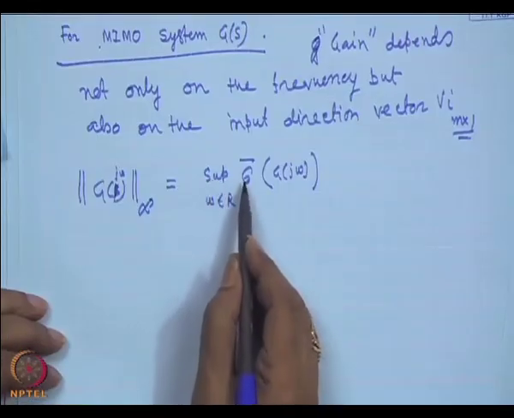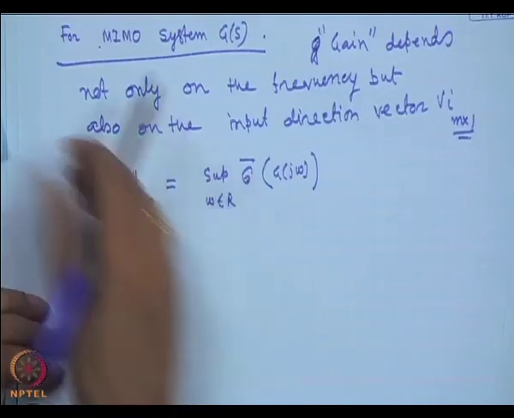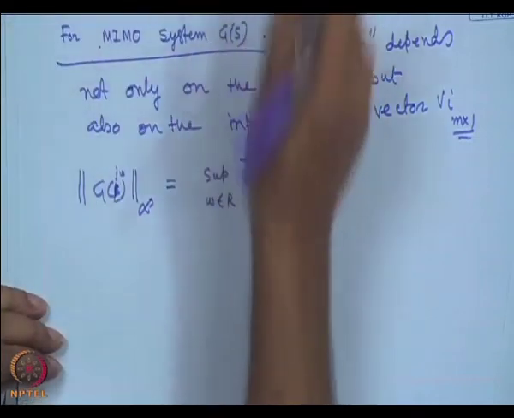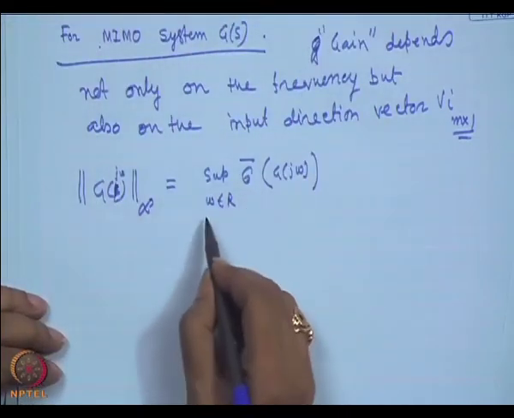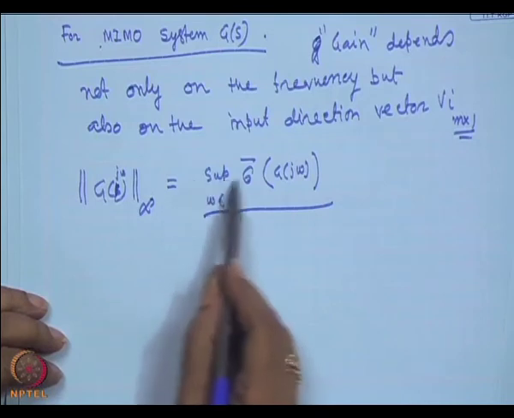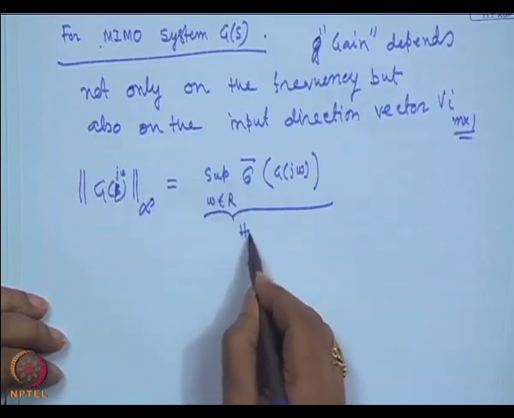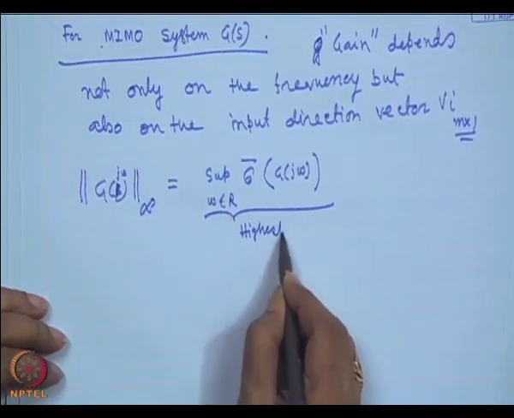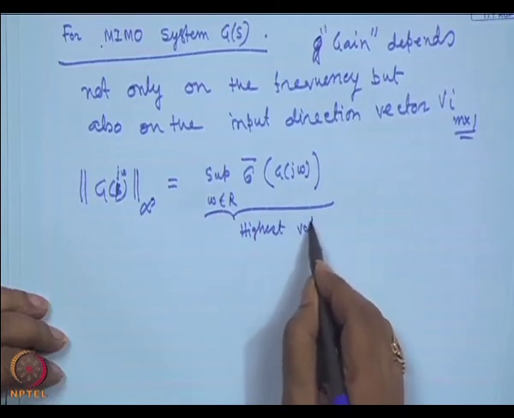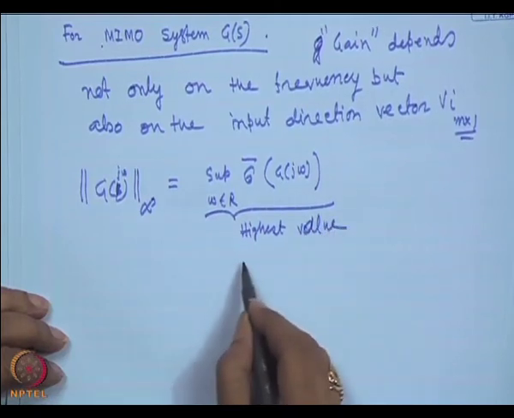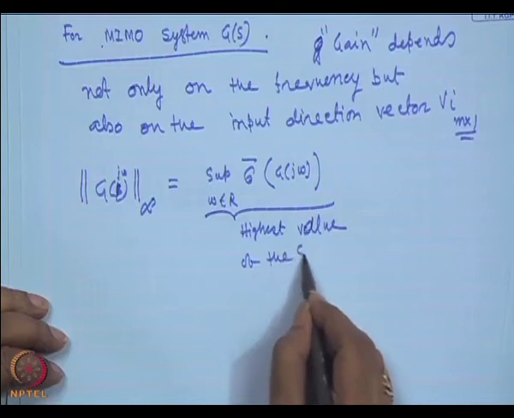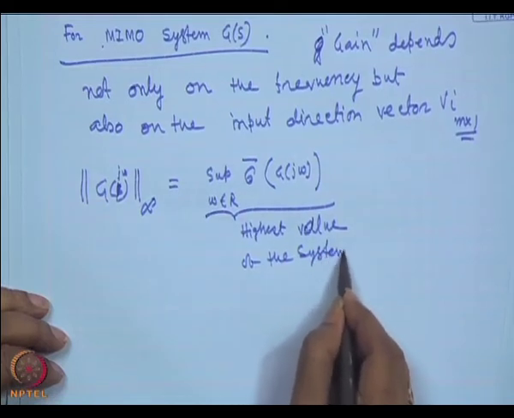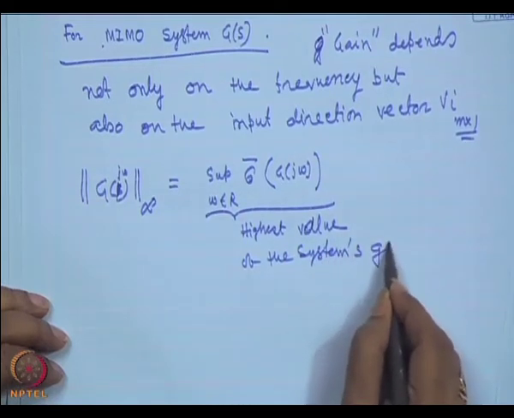So it is a supremum, which means the highest value of the system's gain.